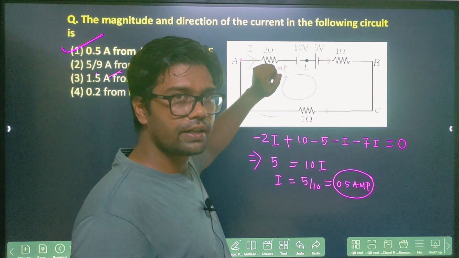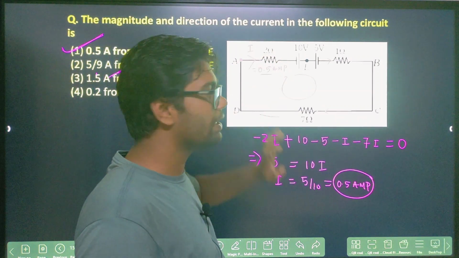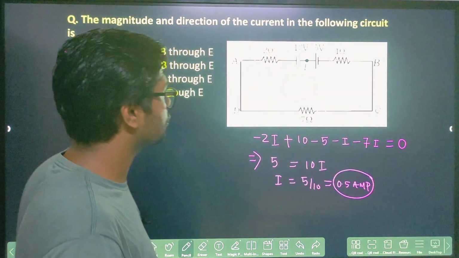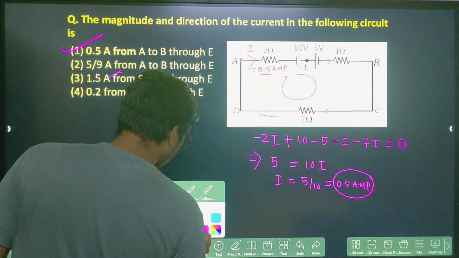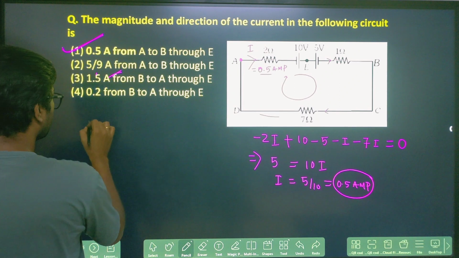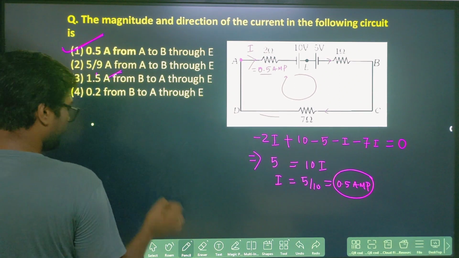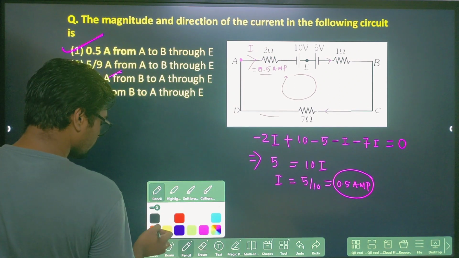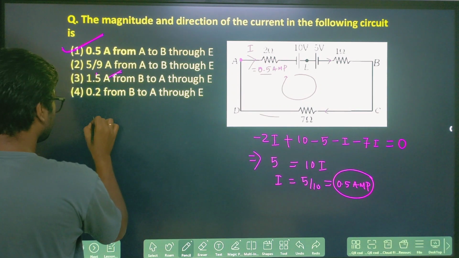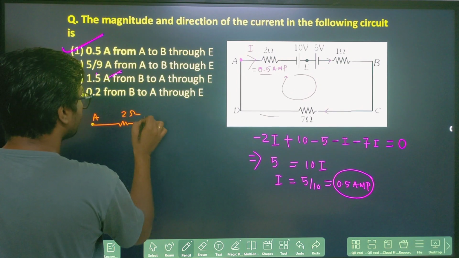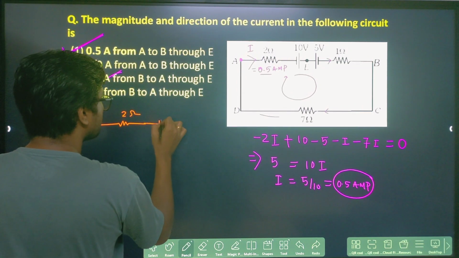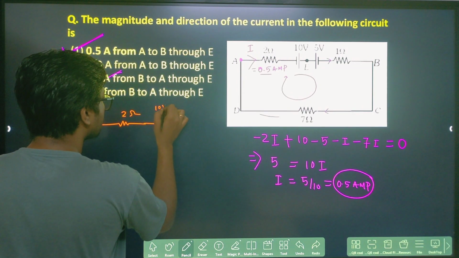You may have a doubt, right? What will happen if I take the direction of the current to be opposite? So let's take the direction of the current as opposite and do that problem. This will be point A, and here this is 2 ohm, and this is your 10 volt.